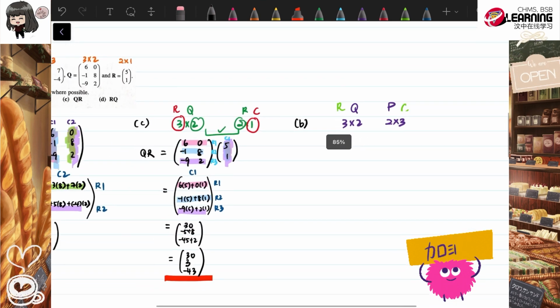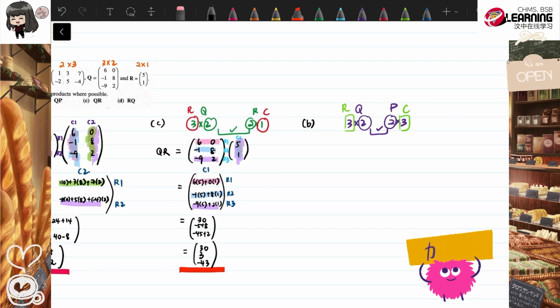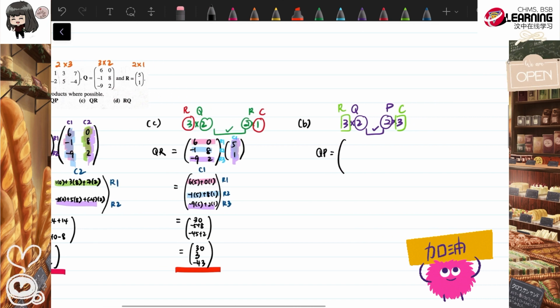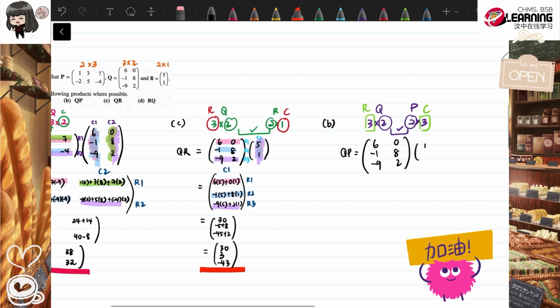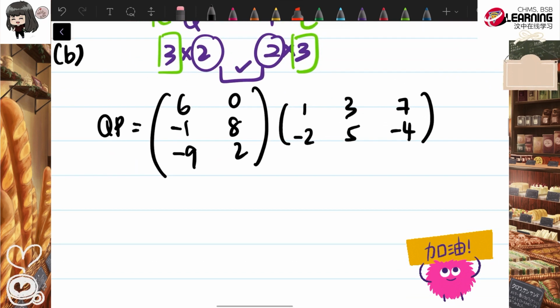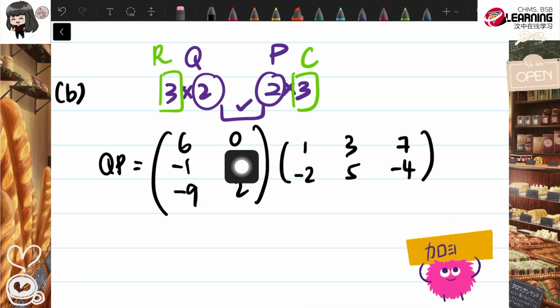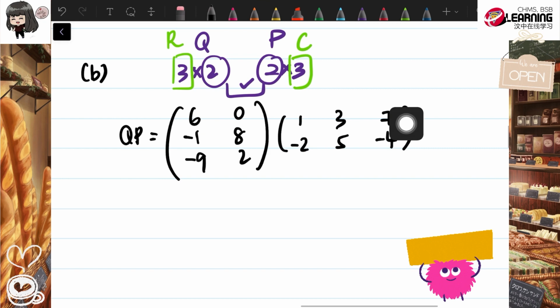Okay, let me write down the question first: Q times P. Q multiply with P. Let's say I'm not writing down the row and column, how do I do it?